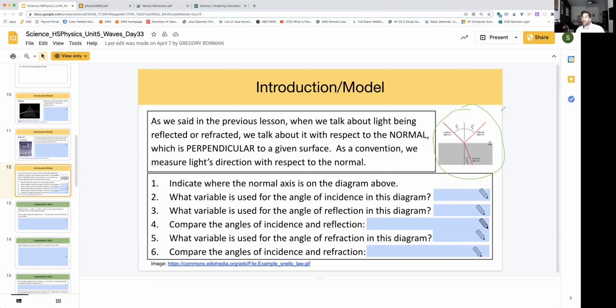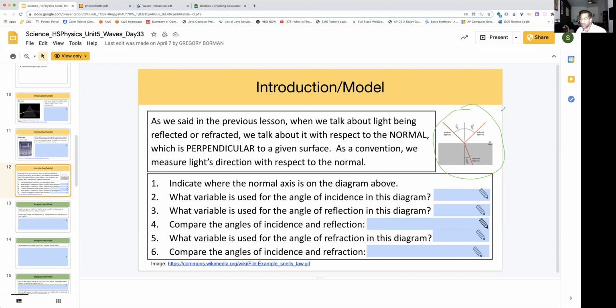That is the angle it creates with a normal, an invisible line that is perpendicular to the surface change. And then we have the refracted angle, which is the angle between the normal in the second surface and the new path of the light.